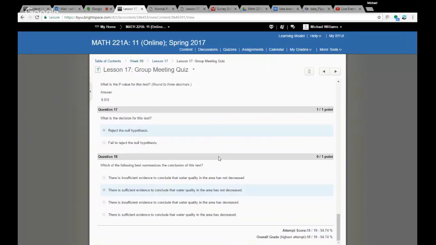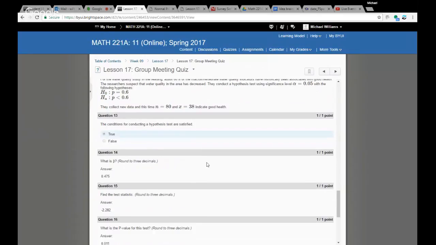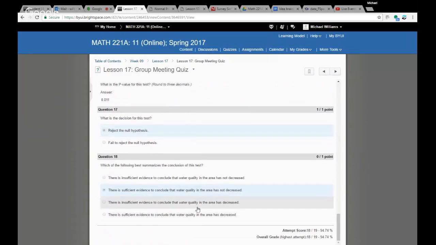We missed 18. Okay. We didn't say 10. So, okay, we're rejecting the null. So I think we'd say there's insufficient evidence to conclude that the water quality has not decreased.